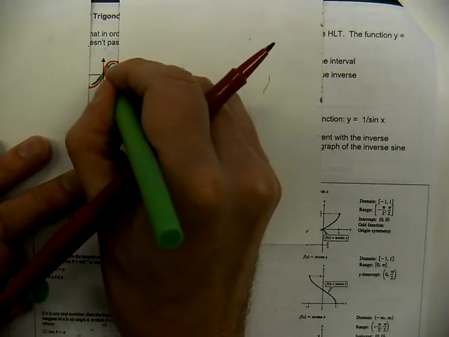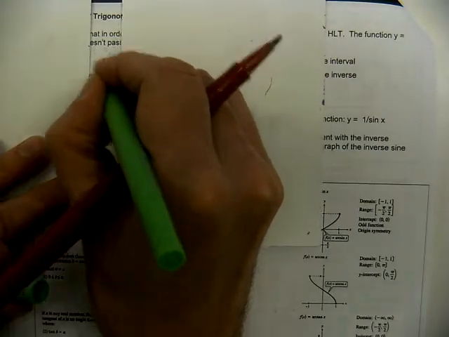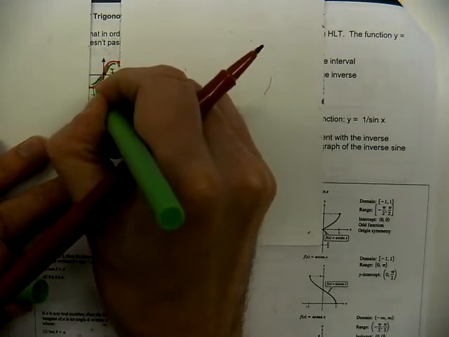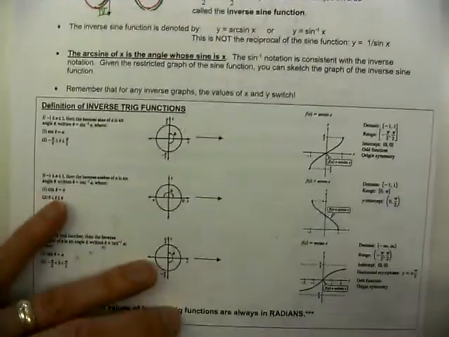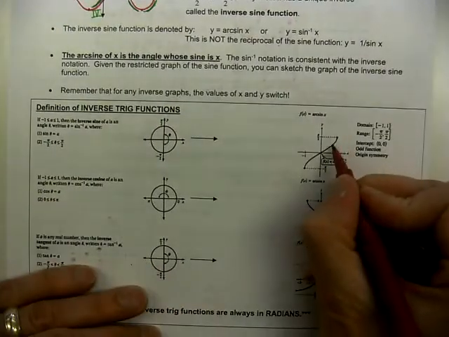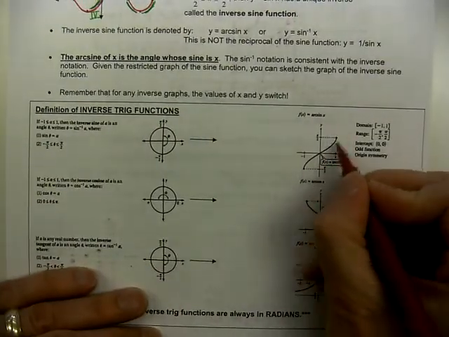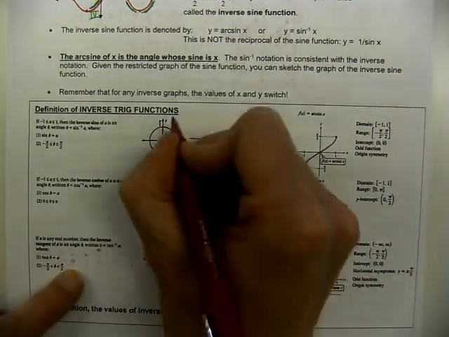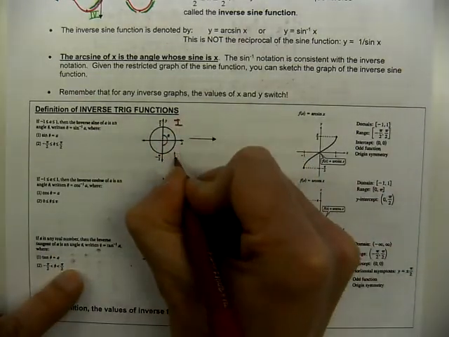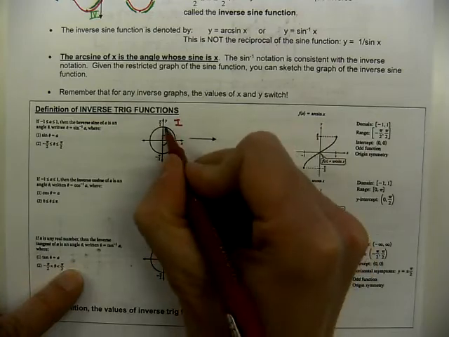So in other words, we're saying quadrants 1 and 4 from the unit circle are the values we're using to plot this curve. And so on our inverse sine function, we're not graphing this, but this is what it looks like when you've chopped off the top and chopped off the bottom. What that means is we are only using quadrants 1 and 4 from the unit circle.